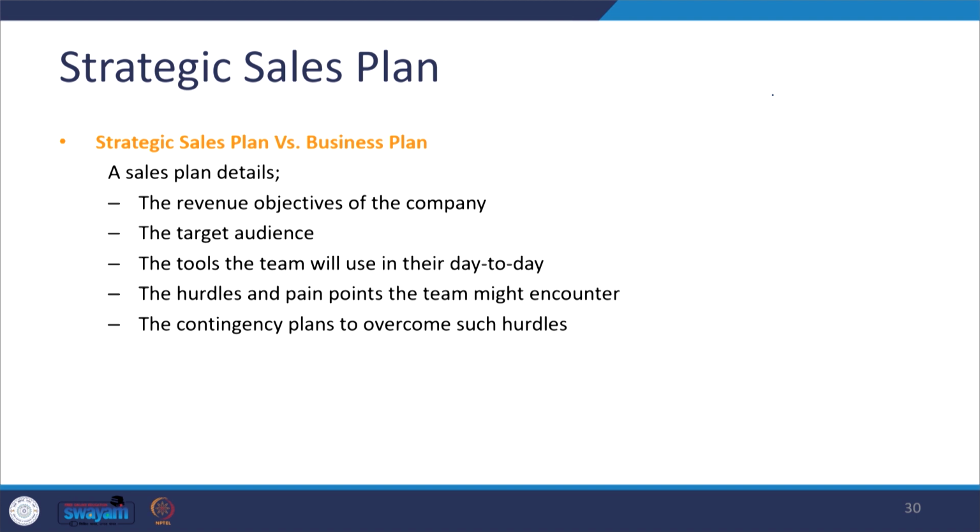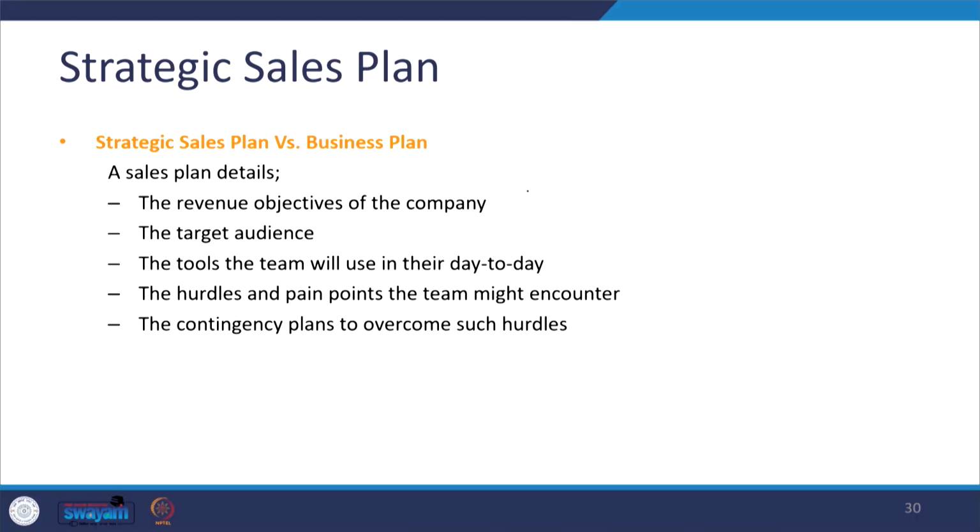Going ahead, a strategic sales plan is again something which is different from a business plan. A sales plan will detail the revenue objective of the company, in terms of rupees or dollars, what exactly revenue goals you want to achieve.